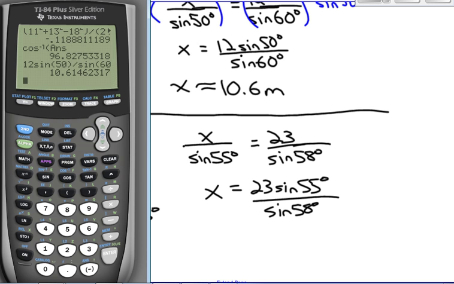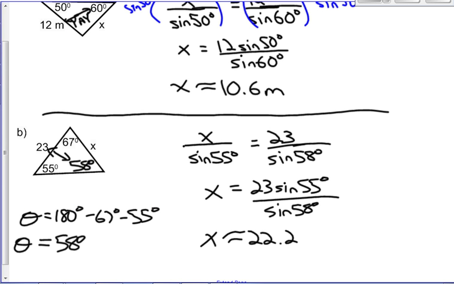Throw it into the calculator and see what we get. 23 sine 55 divided by sine 58. Lovely. 22.2-ish. And there are no units here, so we could just say units.